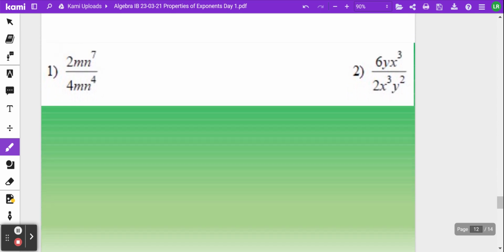So with these two problems, what I like to do is break it up into its different pieces. Bases that are numbers first, I know I have a 2 over 4. The letter m's, I have m to the first and m to the first.